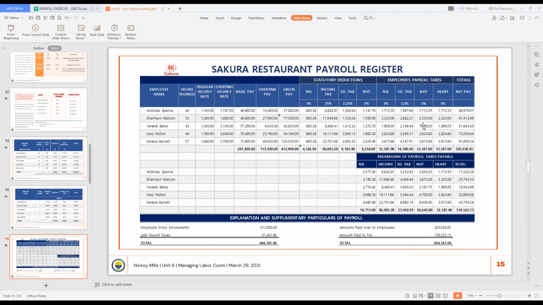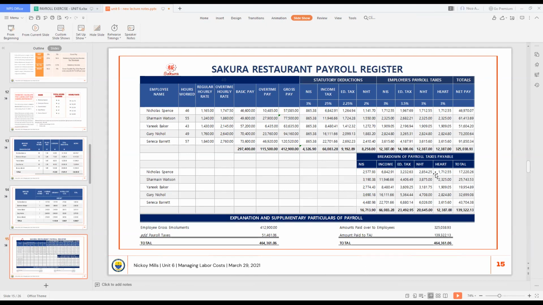And in this specific example, I've included also the portion for the employer's amount. So remember, the employer pays NIS, education tax, NHT, and HEART, right? And the HEART is 3% of the payroll cost. But in this example, I just use the gross pay because I would not be able to determine what the payroll cost is. So I wanted to do it for each employee.